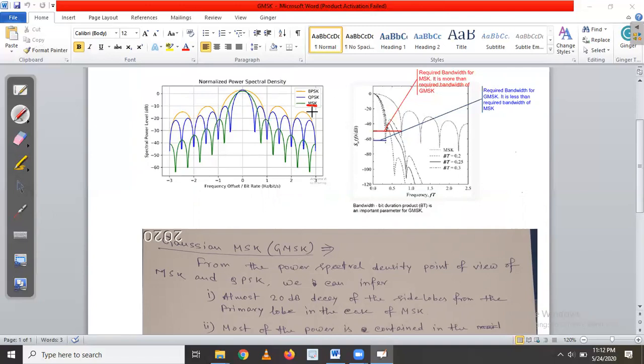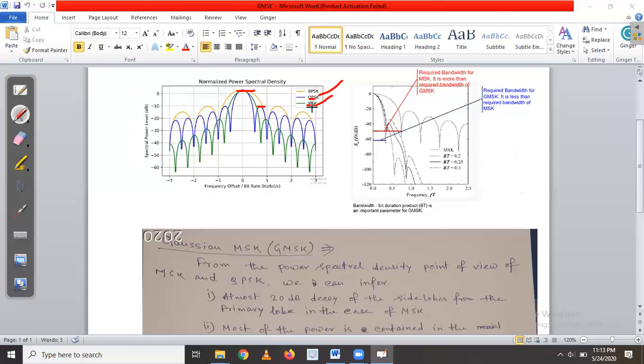But see QPSK, the blue line: this is the primary lobe and this is the secondary lobe, and the gap is only minus 10 dB. So comparing QPSK and MSK, in the case of MSK most of the power and information is contained in the first lobe.